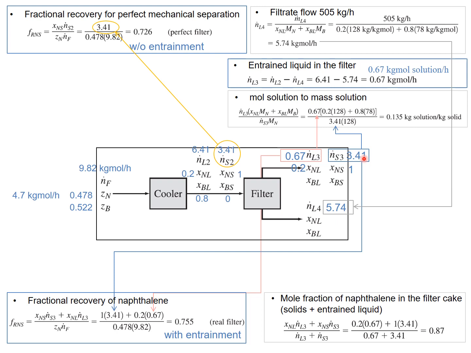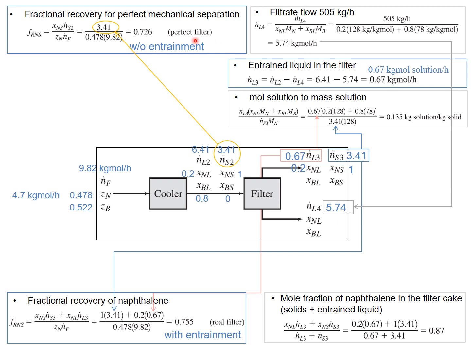If you have some entrained liquid, maybe in this top stream you have some liquid containing naphthalene, so the naphthalene amount would increase. However, if we don't have any entrainment, as I have assumed, then the numerator of the fractional recovery of naphthalene in the solid phase is just 3.41, without any naphthalene in the liquid phase.